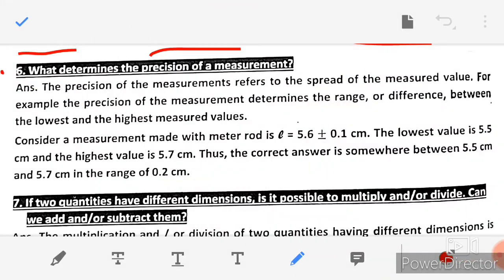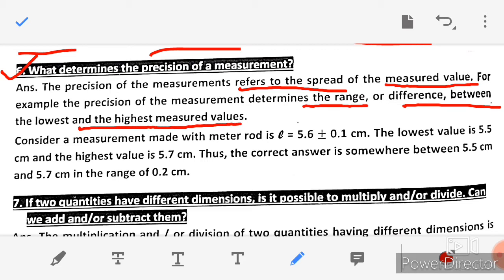Now moving towards the next question. Question number 6 is included in the reduced syllabus 2021. What determines the precision of a measurement? Answer: the precision of a measurement refers to the spread of measurement values. For example, the precision of a measurement determines the range or difference between the lowest and the highest measured value.